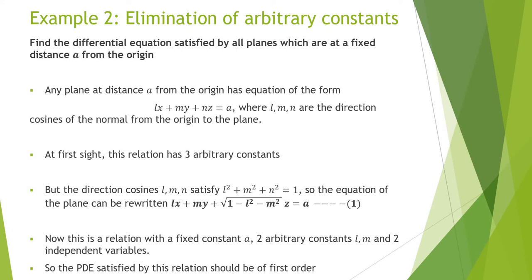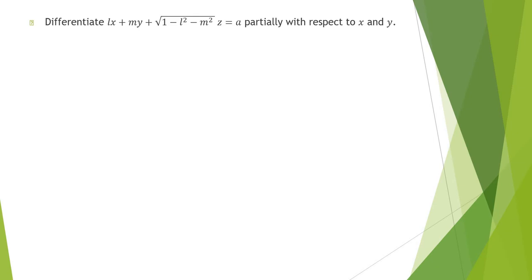So the PDE satisfied by this relation should be of first order. As before, we'll take the relation Lx plus my plus square root of 1 minus L square minus m square times z equal to a and differentiate it partially with respect to x and y.